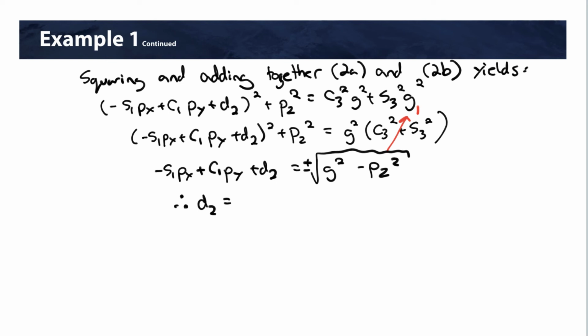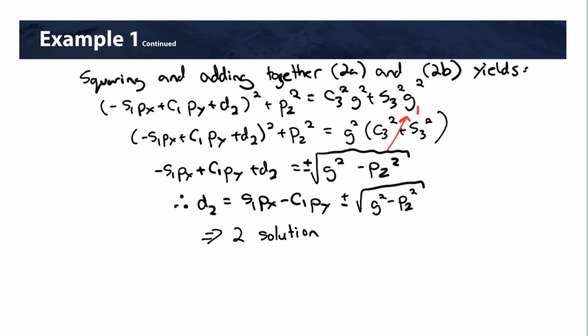D2 is simply going to be S1px minus C1py plus or minus the square root of g squared minus Pz squared. Again, we should make a note: two solutions exist for D2. So we saw we have two solutions for theta 1, and now we have two solutions for D2.